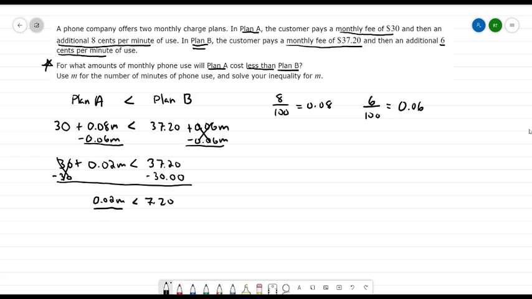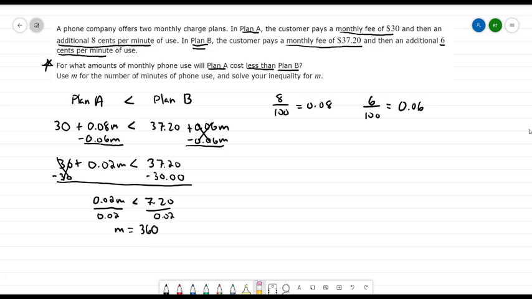And the last step, divide both sides by 2 cents. And M is going to be equal to, so I take out my calculator and I'm going to do 7.2 divided by 0.02, and we get 360.